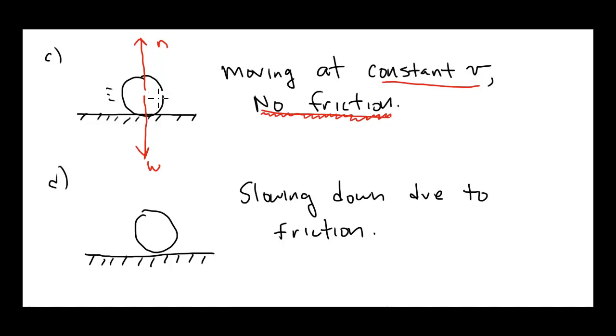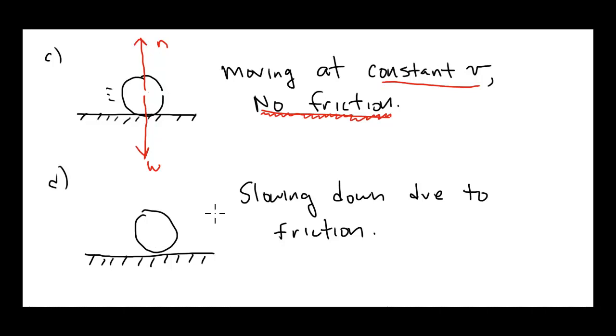If I put an arrow there, it wouldn't be moving at constant velocity, because if I had a force arrow going in this direction, that would mean that there'd be a net force, the object would be accelerating. In other words, it would not be moving at constant velocity. In other words, this is the picture. Done. Okay, we went over that in class, but I think it definitely tripped some students up, so it's good to revisit it. All right, let's take a look at D here.